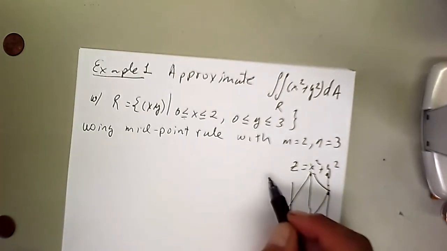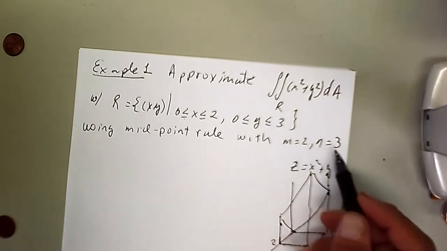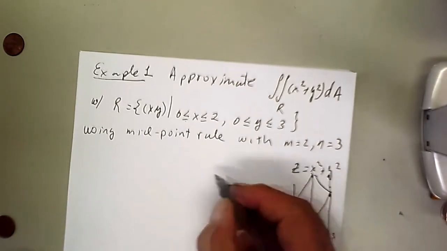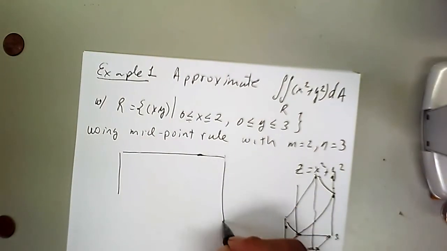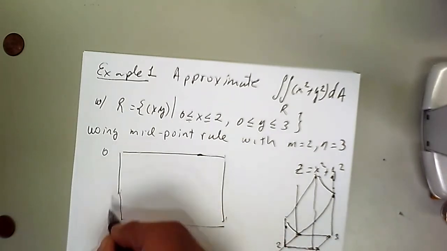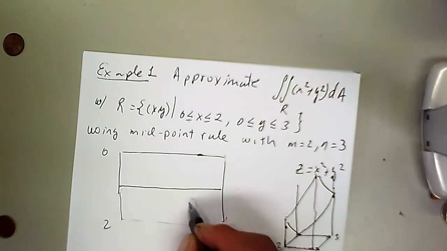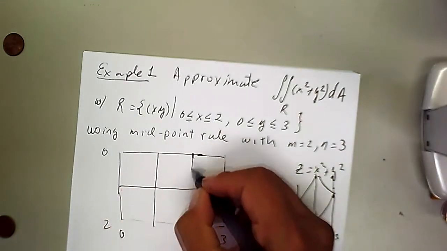Okay, so how do we go about approximating this? We need 6 columns because we're going to split the interval. We're going to split the interval from 0 to 2 into 2 parts, from 0 to 3 into 3 parts.